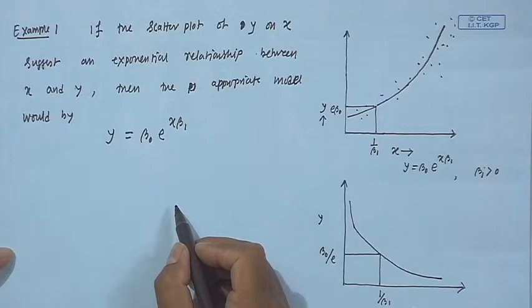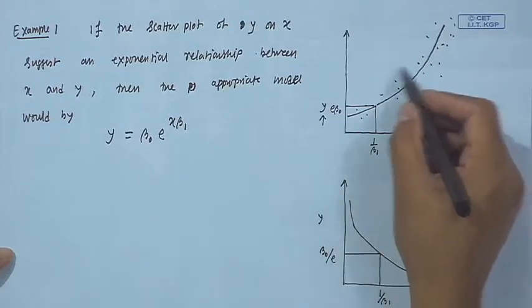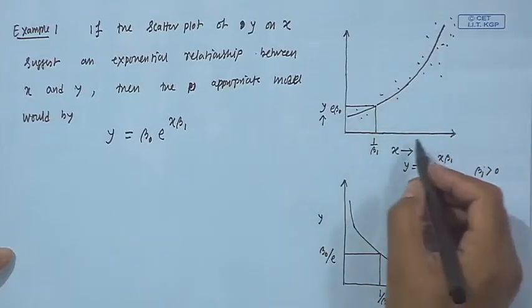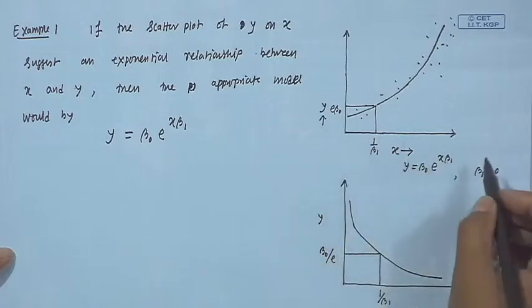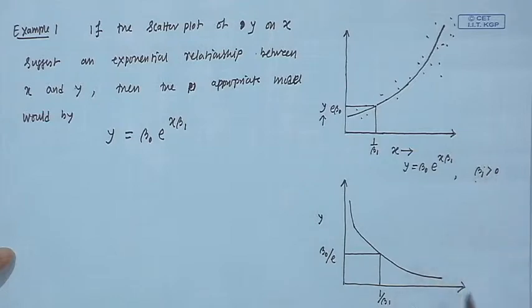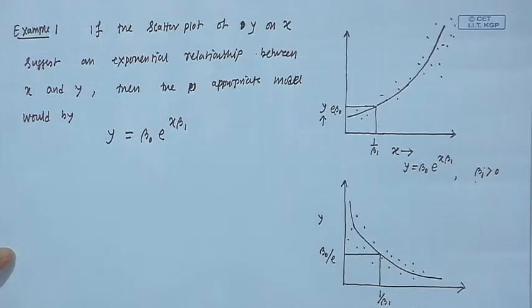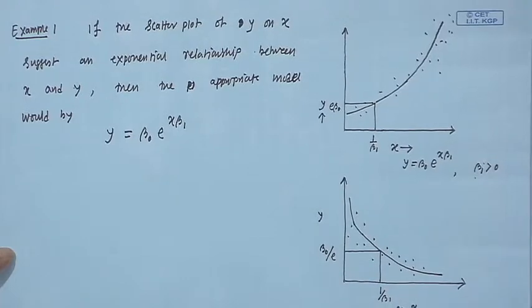This is the exponential relationship between y and x when beta 1 is greater than 0, and it could be like this also. This also suggests an exponential relationship between response variable and regressor variable, but here beta 1 is negative.